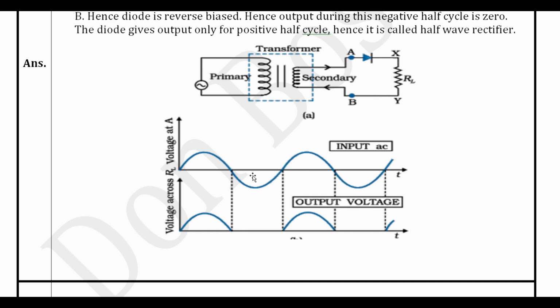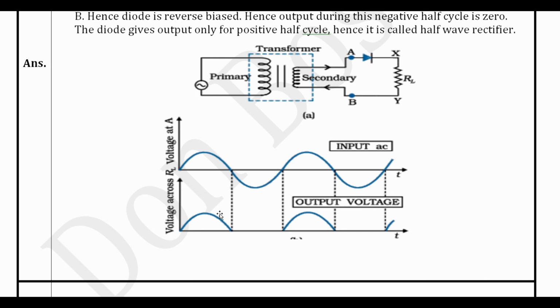Here, due to mutual inductance, an EMF is induced across the secondary of the primary. Okay, and this cycle will be across this A. So during the positive half cycle the diode is said to be forward bias. Positive is connected to the triangle side, that is the P side. So forward bias. At this moment you will get output.